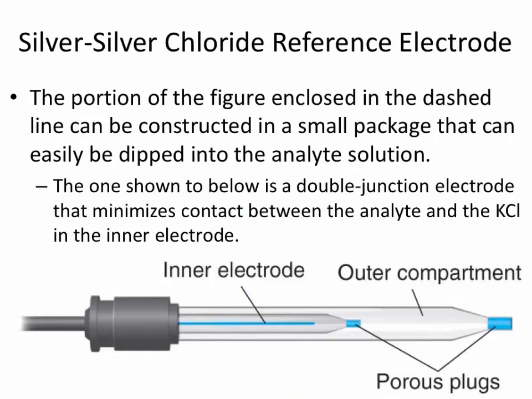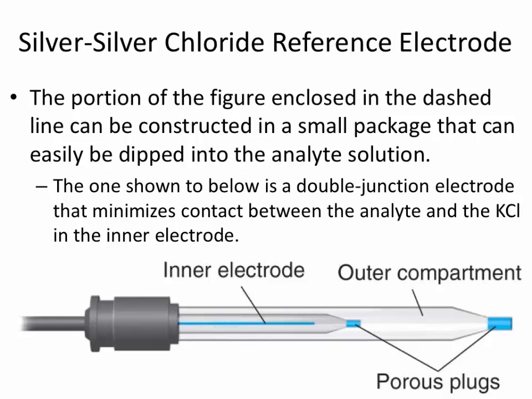Now the portion of the figure enclosed in the dashed line on the previous slide can be constructed in a relatively small package that can then be easily dipped into our analyte solution. Now the one shown below here is what we call a double junction electrode that minimizes contact between the analyte and the potassium chloride in our inner electrode.